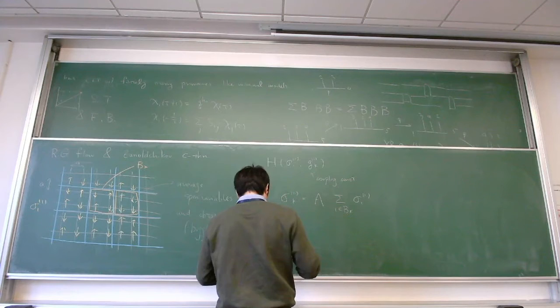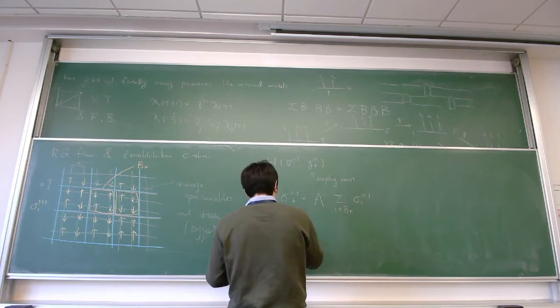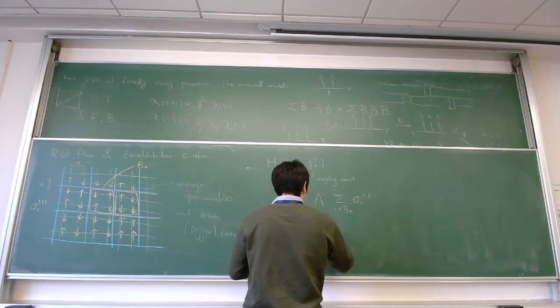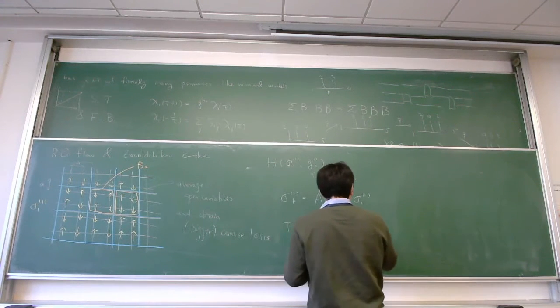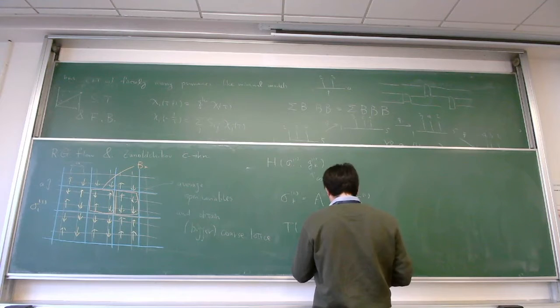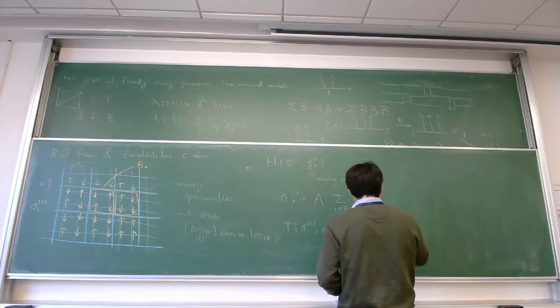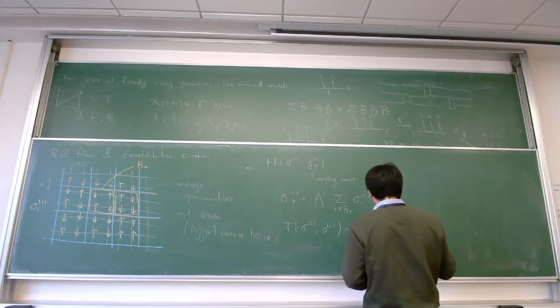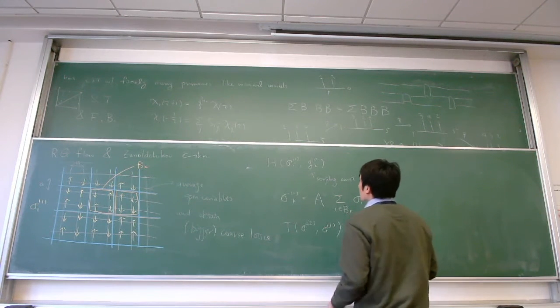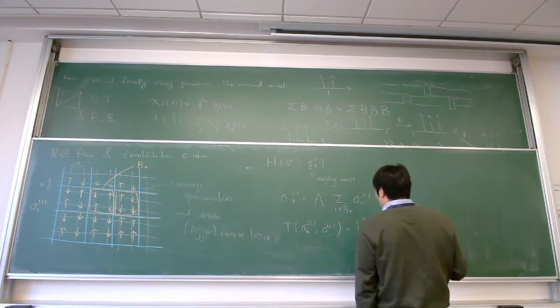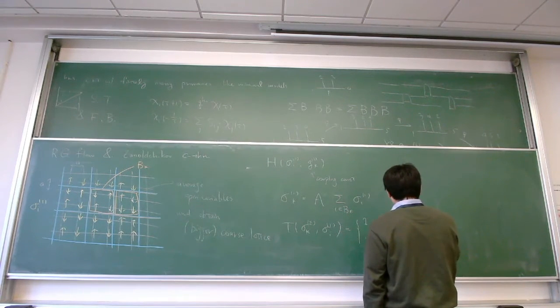And now introduce the following. If sigma i of 1 is not in b_k, T is 0.